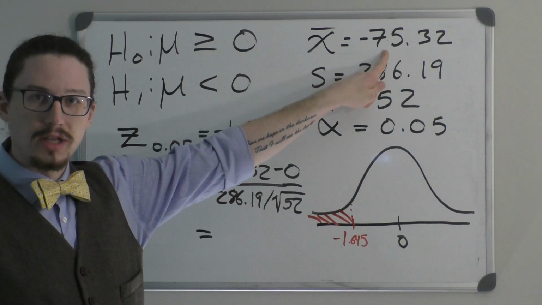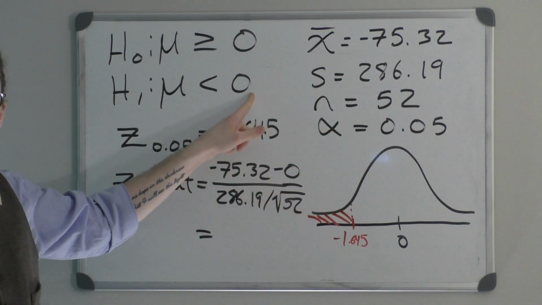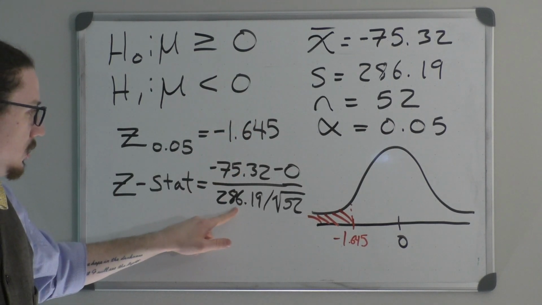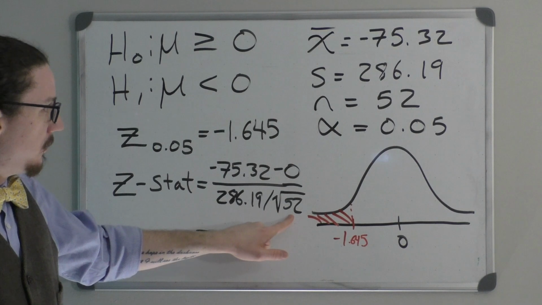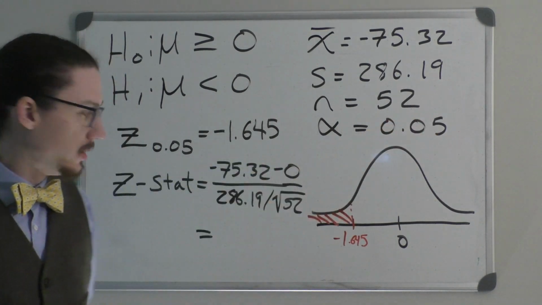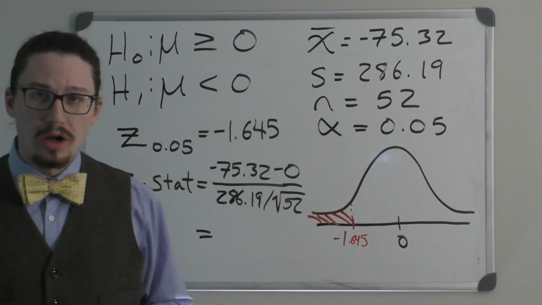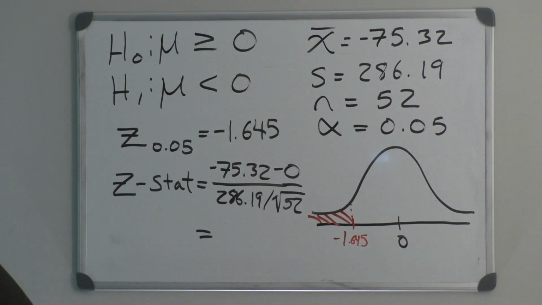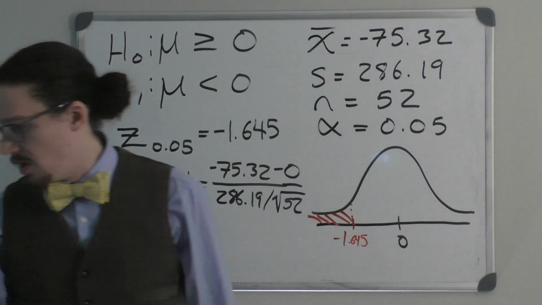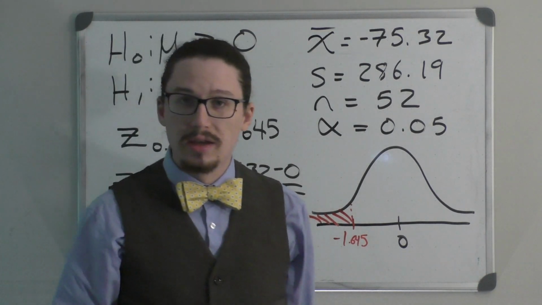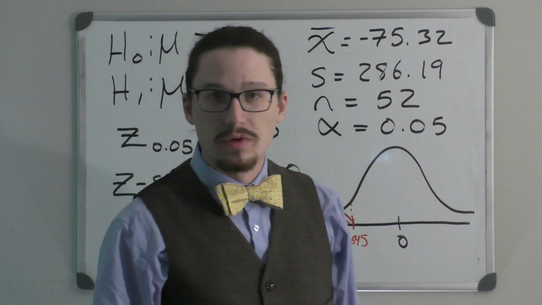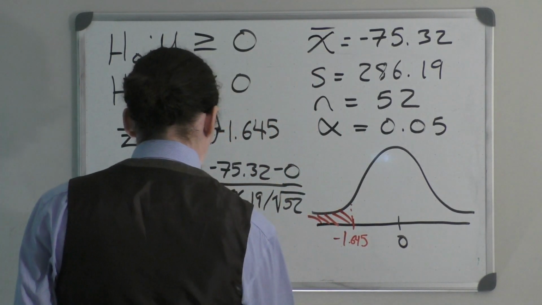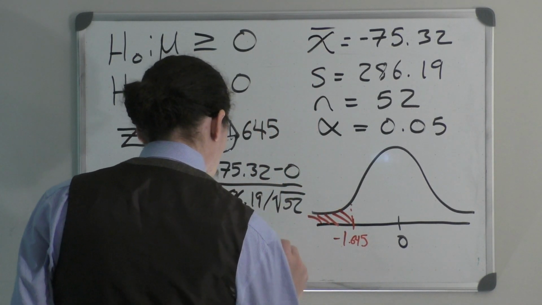Negative 75.32 is our sample mean, 0 is our arbitrary constant, 286.19 is our standard deviation, and 52 is our sample size. Once we plug all of that in, we will get a test statistic of negative 1.442.